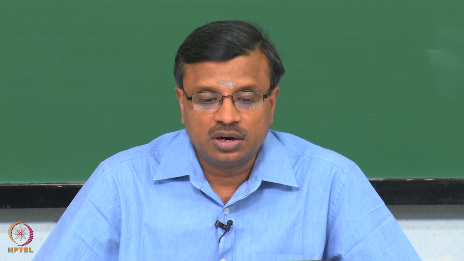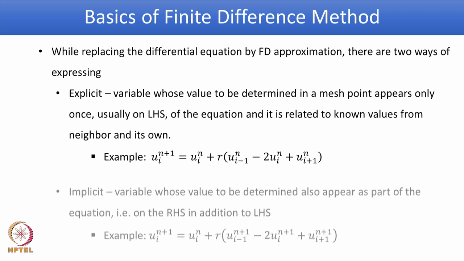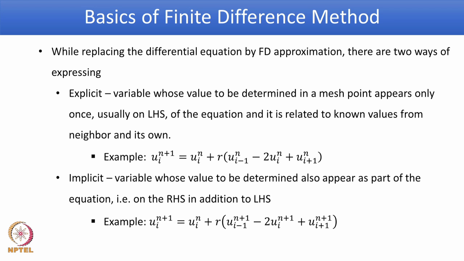The second one is what is known as an implicit formulation, where the variable whose value is to be determined also appears as part of the equation. If you write the finite difference equation, you will observe that the variable for which you are trying to solve appears both on the left hand side as well as on the right hand side.